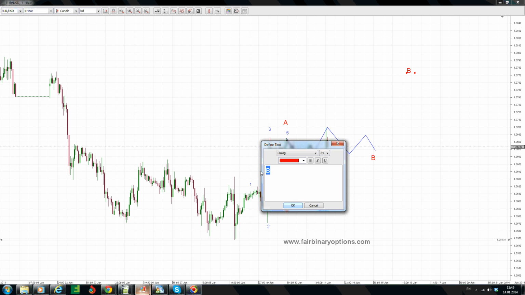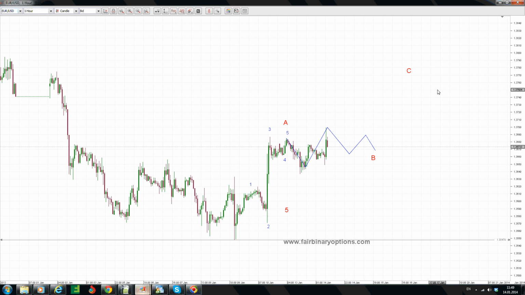So A, B, C will be the educated guess that I will have on the Euro US dollar in the form of a zigzag. Now, it might very well be that this move here to the downside will represent the B wave, which I don't think is going to be the case, as we still need to consolidate some of the recent moves.